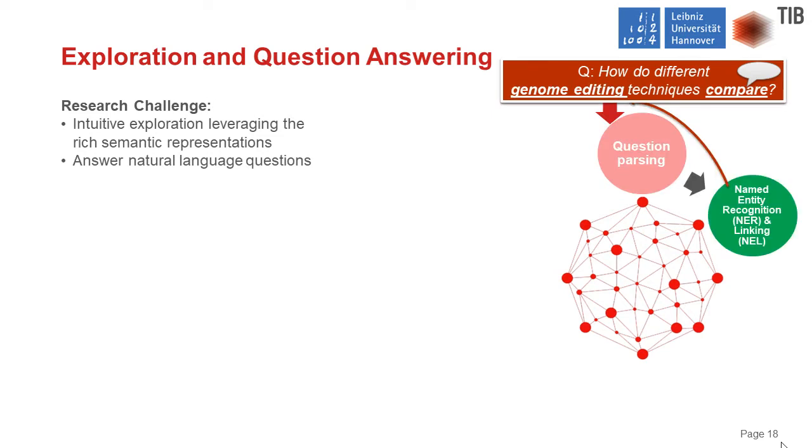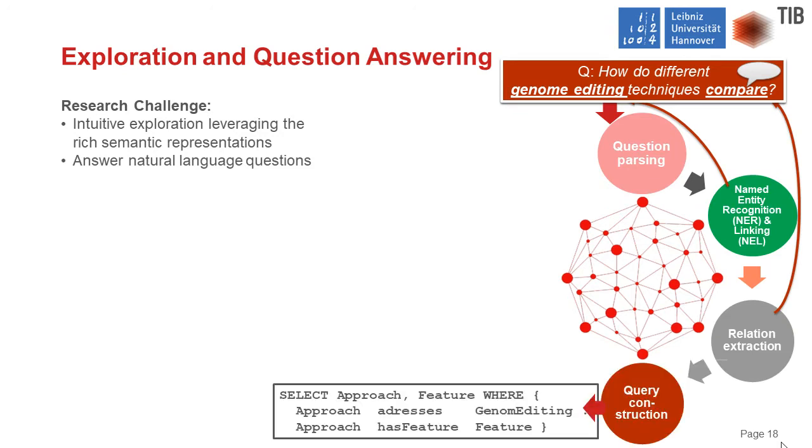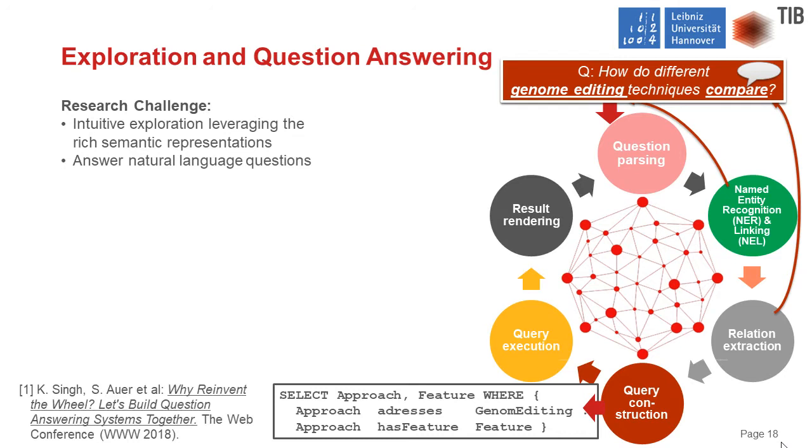And then by parsing this question, detecting the named entities and relationships, by constructing a formal query on the knowledge graph, executing the query, we could render the results to the user and implement something which is currently already popular with Amazon Alexa, for example, or Google Now, which provide such question answering services for ordinary scenarios.